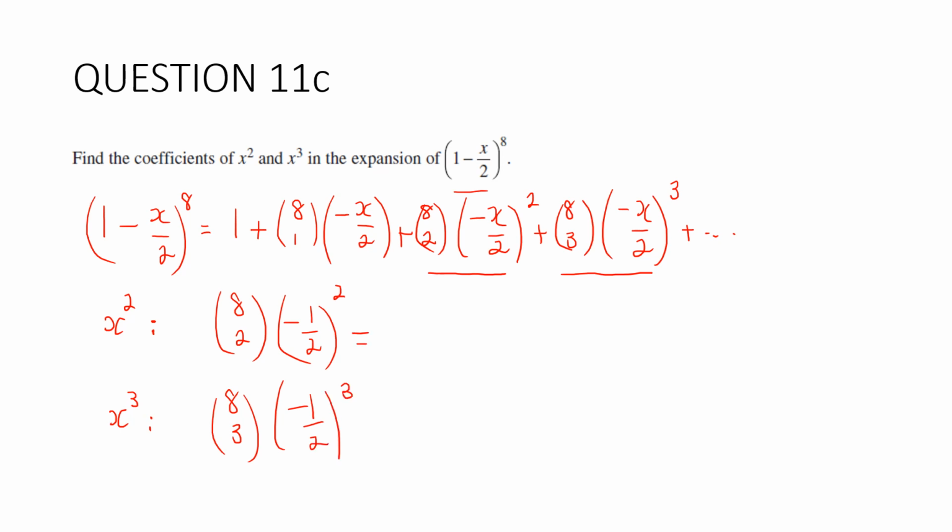So we've got 8c2, which is 28, negative 1 all squared is 1, and 2 squared is 4, quarter of 28 is 7. 8c3 is 56 times negative 1 cubed is negative 1, and 2 cubed is 8. 8 into 56 goes 7, so it's negative 7.